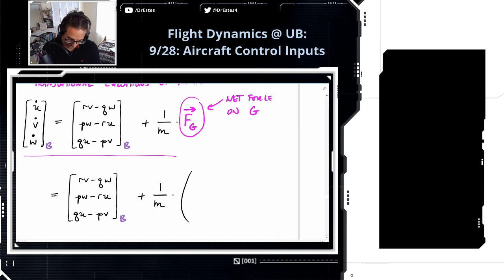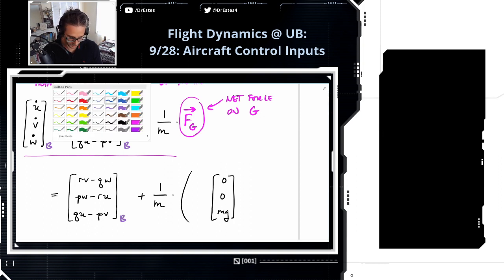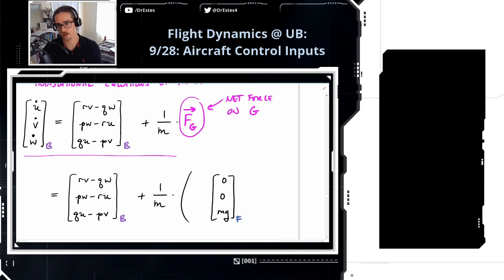So we have the weight of the aircraft. That's easiest to express in the fixed frame. But because this equation of motion is all in body frame coordinates, we've got to use our rotation matrix to express that in B frame components.